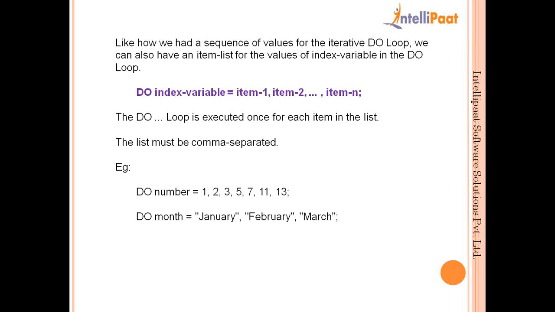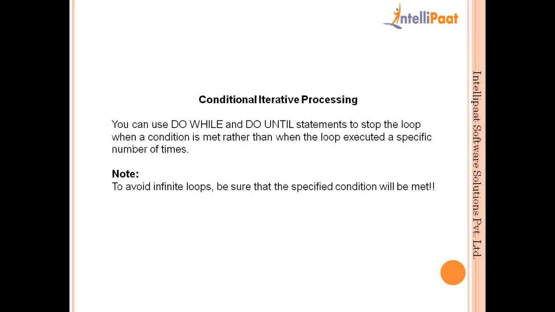All right, let's move to the next slide that says conditional iterative processing. So you can use do while or do until. As we were talking about the do loop, we have two types of do loop. One is do while and another is do until, right?